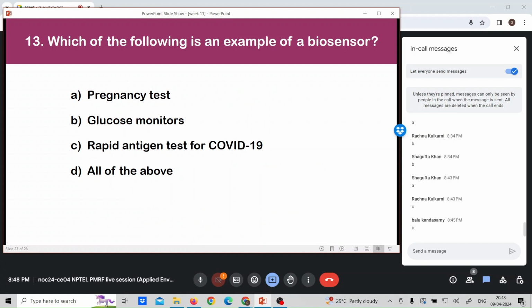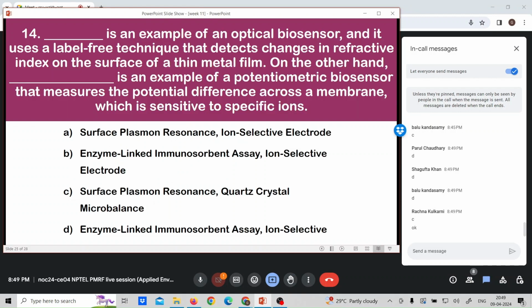Easy question again. Okay, so we have multiple responses, and yeah, Rachna, please note that all of them are examples of biosensors, including C. So another question.